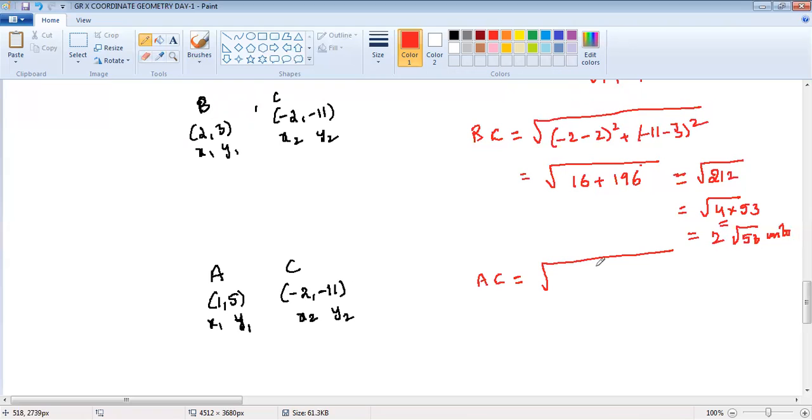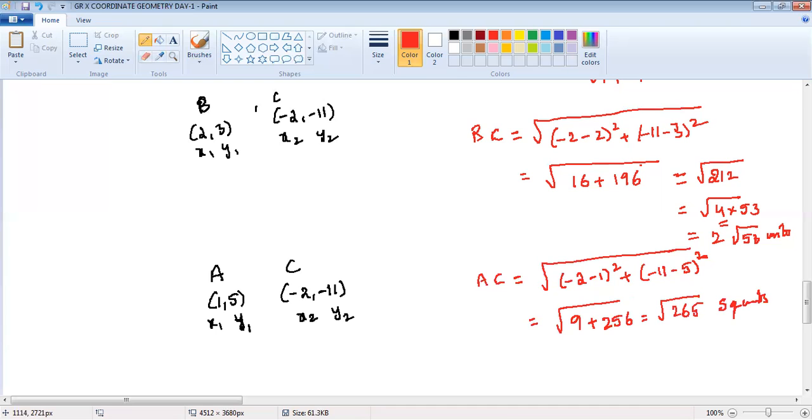Now (minus 2 minus 1) whole square plus (minus 11 minus 5) whole square. So minus 2 minus 1 is minus 3, whole square is 9. Then 11 plus 5 is 16, whole square, which is 256. So square root of 9 plus 256, we are getting root 265 units.